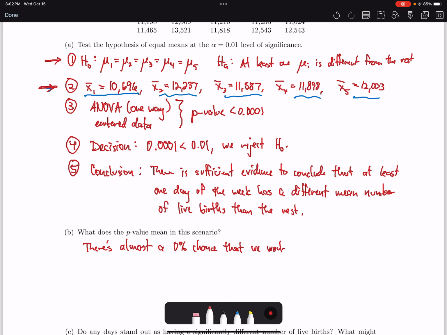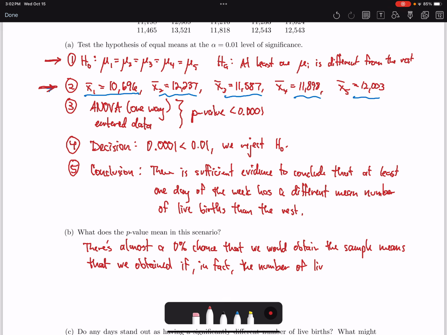So there's almost a 0% chance that we would obtain the sample results, or the sample means, that we obtained if, in fact, the number of live births were the same on each day, as the null hypothesis suggests.